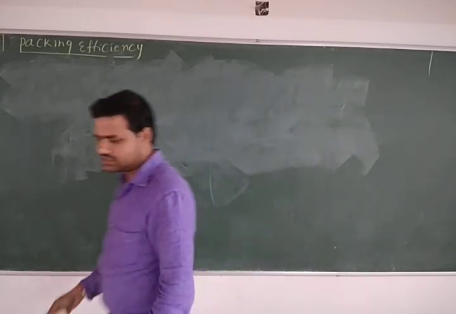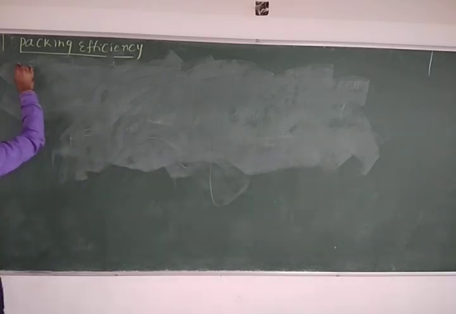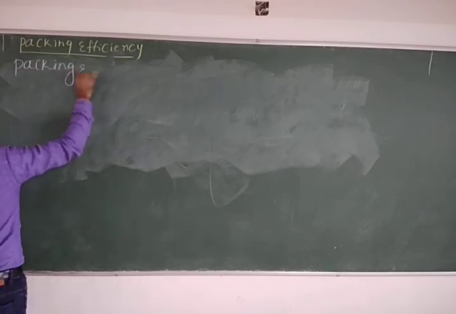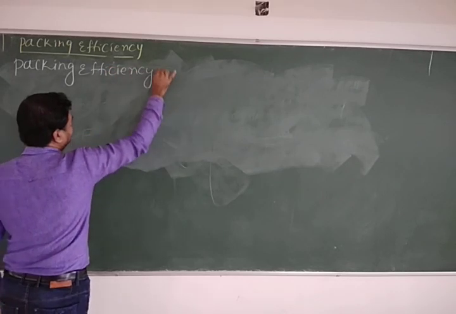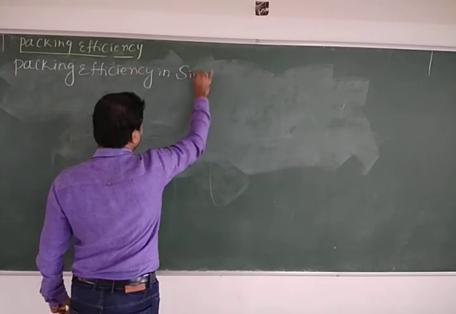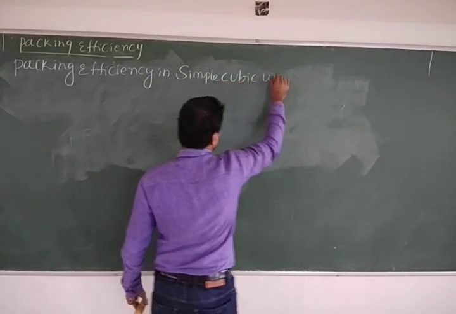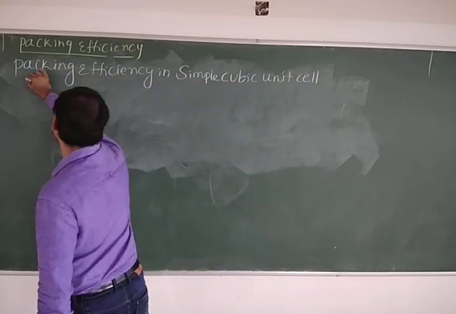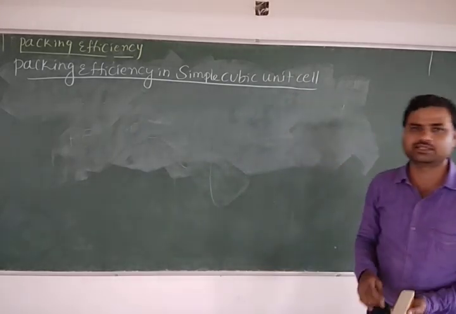First I am discussing with you the first one only, packing efficiency in simple cubic unit cell. Simple cubic unit cell is also called primitive unit cell. Don't get confused, primitive and simple cubic are both the same.